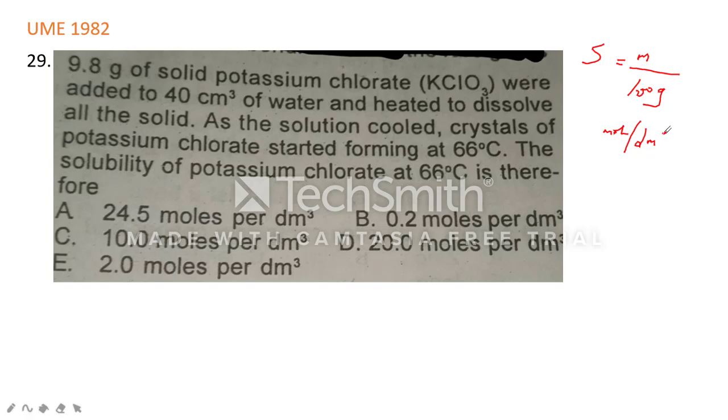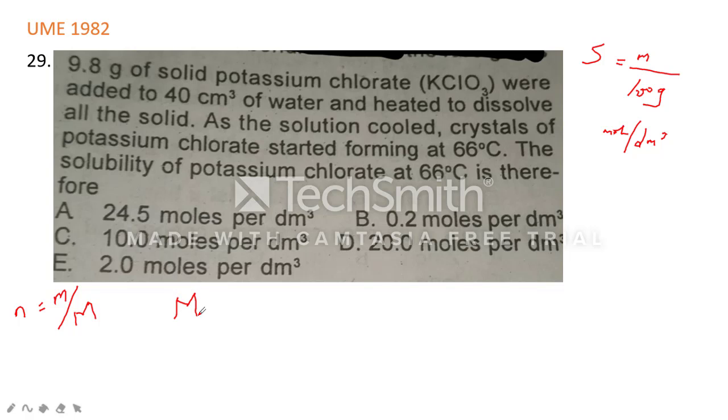It can also be grams per dm cube, however you want to look at it. So that means for this 9.8 grams of solid potassium chlorate, we need to get the number of moles. So how do we get moles? We know that mole is mass over molar mass. We know the mass, we need to figure out the molar mass.